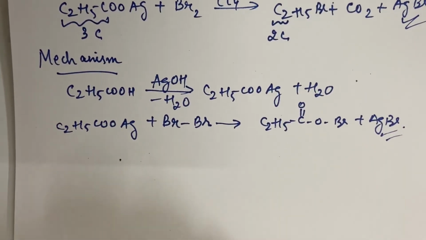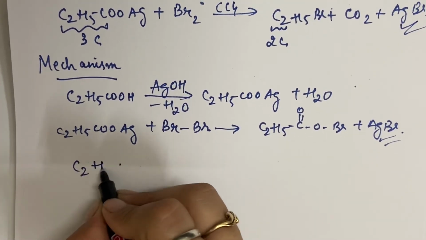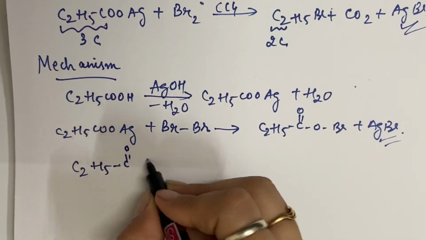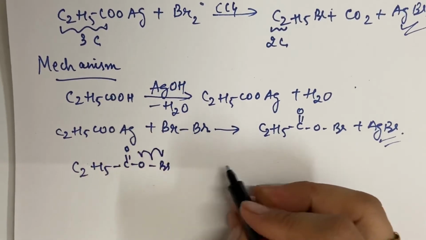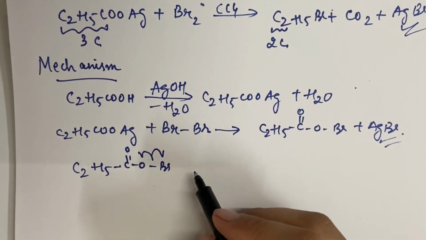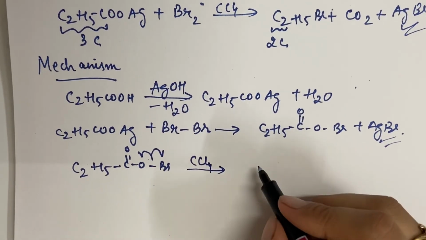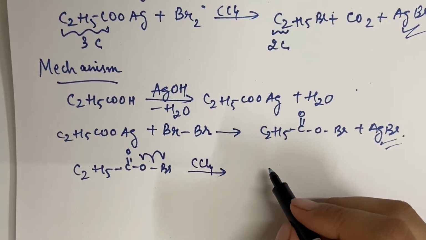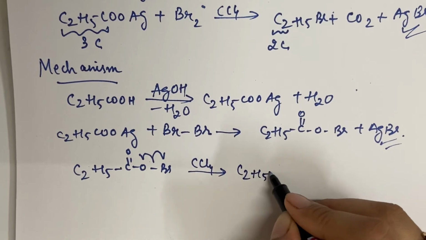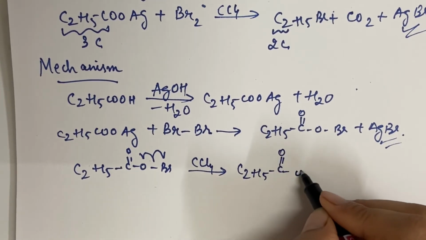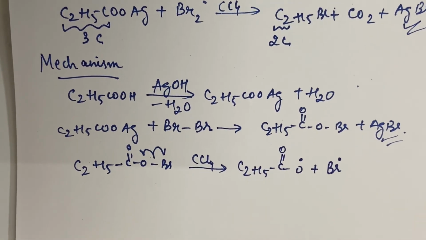Now what will happen? This compound, C2H5COOBr, will split by homolytic cleavage in the presence of CCl4. So what will happen here? It will form free radicals. After making free radicals, it will become C2H5COO dot plus Br dot. These will be the products.